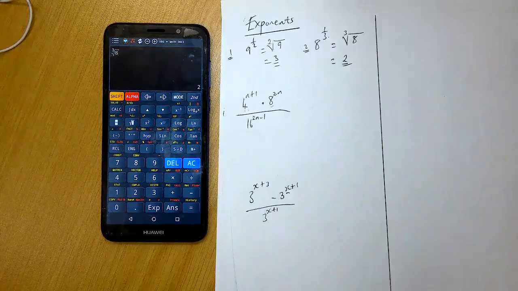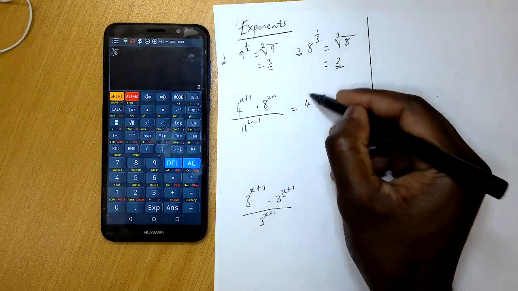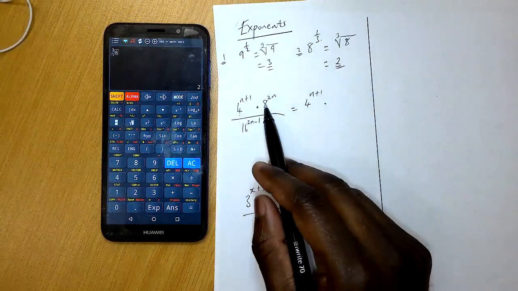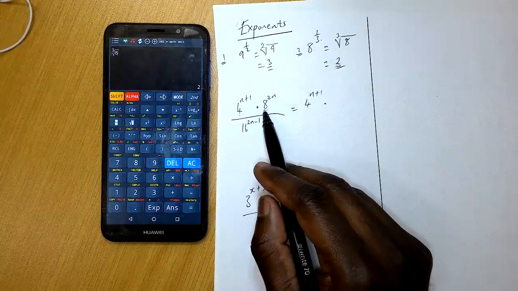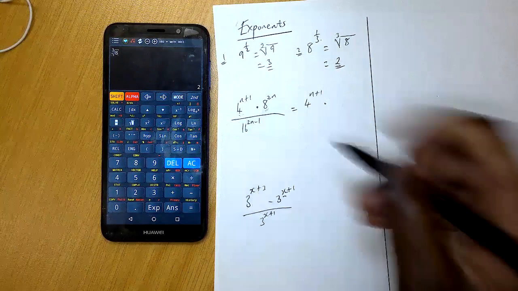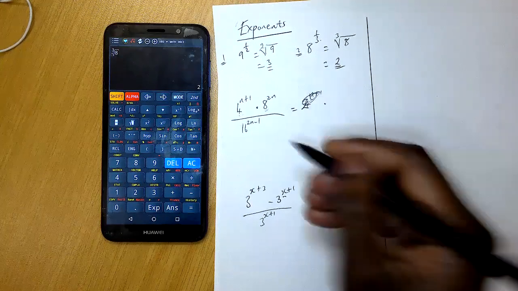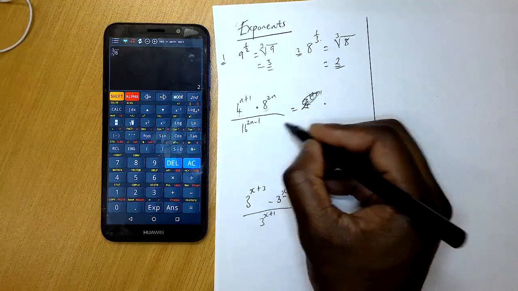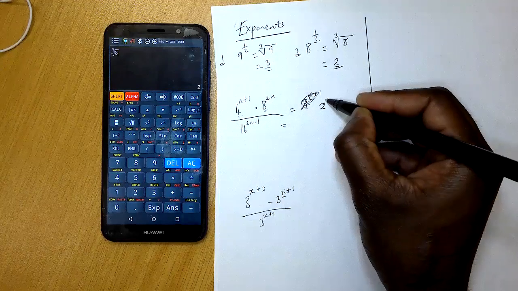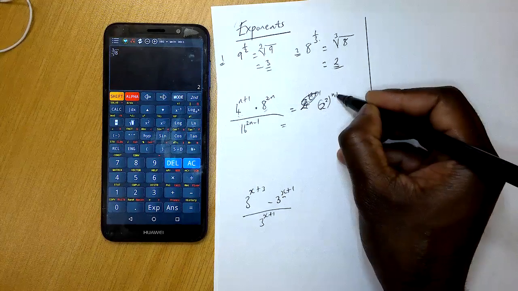So here you're going to say, all right, this is 4 to the power n plus 1. Now that one is fine. But how do you get it to 8? So in other words, let me say this is the same as 2 to the power of 2, which is equal to 4, okay, to the power n plus 1.